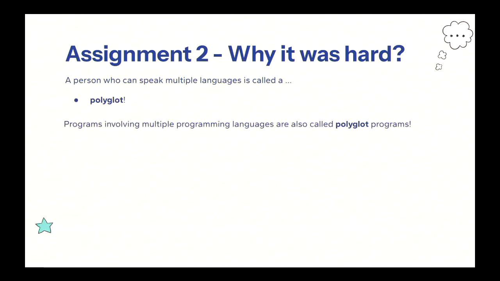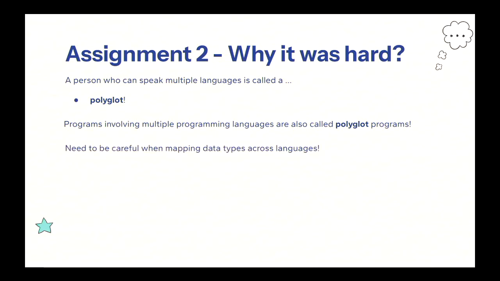So let's think about this case. A person who can speak multiple languages is called what? Is called a polyglot. Yes, a polyglot. And programs involving multiple programming languages are also called polyglot programs.